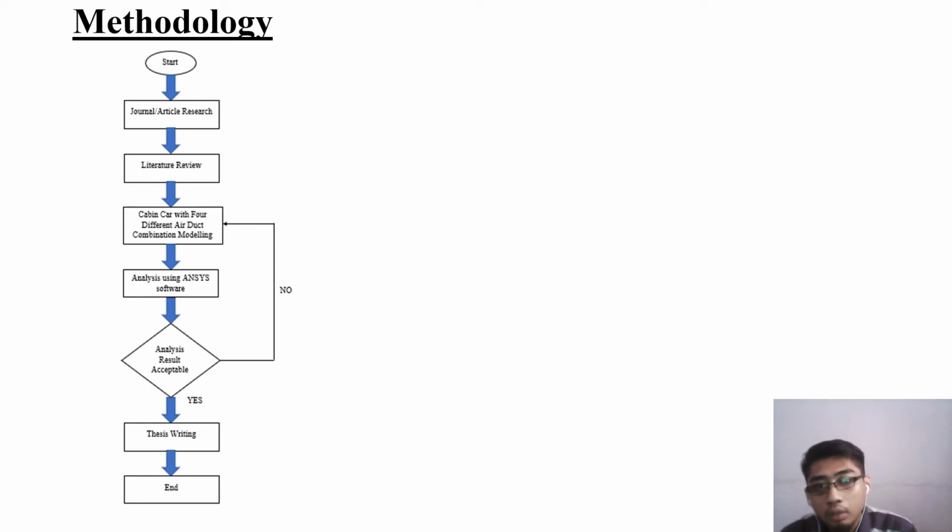For the cabin car with 4 different air duct combination modeling, I will draw the cabin car using CATIA software. I have 4 designs with 4 different air ducts: number 1, front vent; number 2, front and rear vent; number 3, front and side vent; number 4, front and top vent.